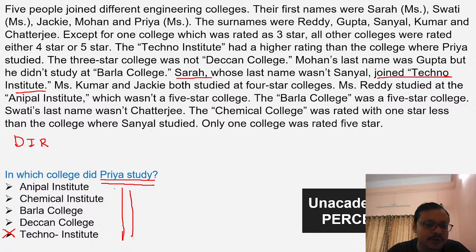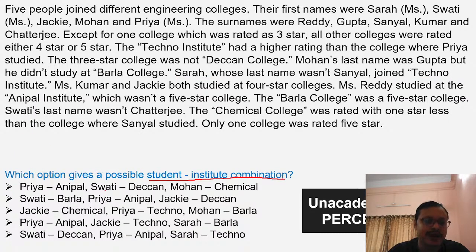Now you are left with 4 options: Anipal, Chemical, Barla and Deccan. So what you do is go back to this particular question, which is talking about student institute combination. What do you need? You need the information on Priya. So just check which of the options are satisfying as far as Priya is concerned.